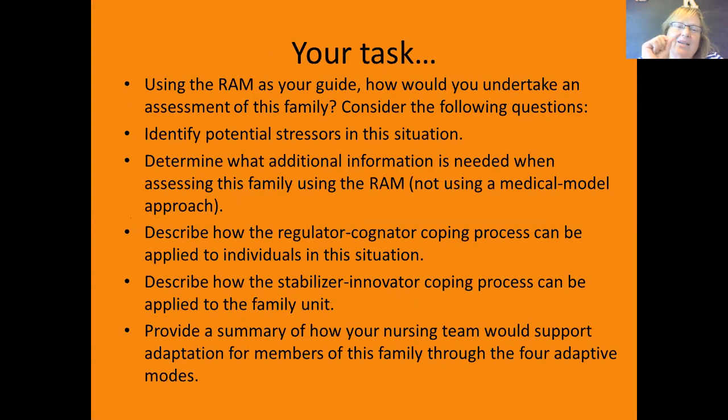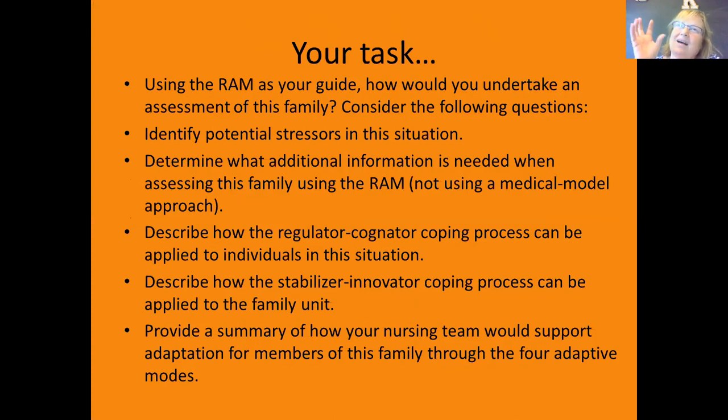Well, it would be important to recognize that using the RAM model as your guide, you could undertake an assessment of this family. How would you do that? Do you remember, you're looking for the stimuli? So what are the focal, the contextual, and the residual stimuli?